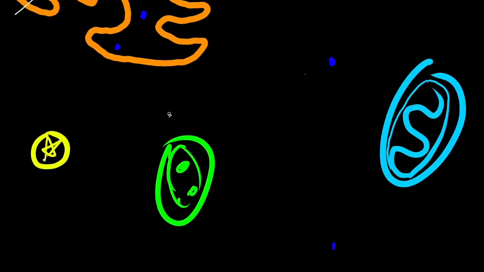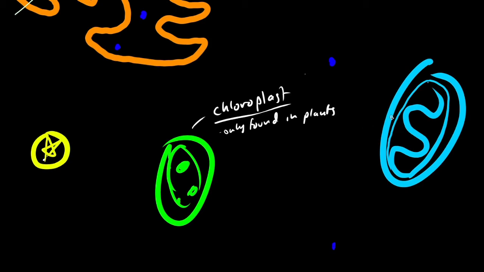Moving on again, another important organelle is the chloroplast. The chloroplast. An important thing to note is that it's only found in plants. Much like the mitochondria, which you see here, it has two membranes, and inside it has thylakoids, which you don't really need to know at this stage of biology, and it contains chlorophyll. Its main process is to carry out photosynthesis.